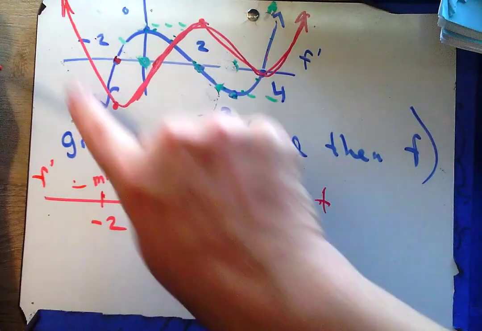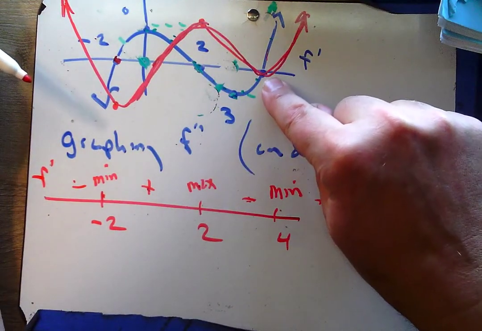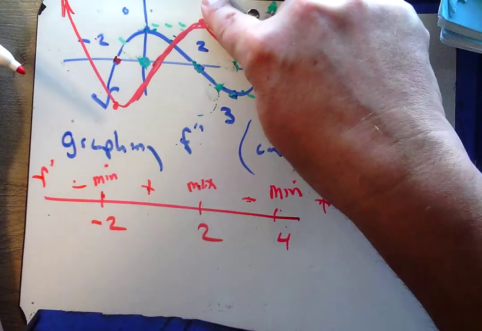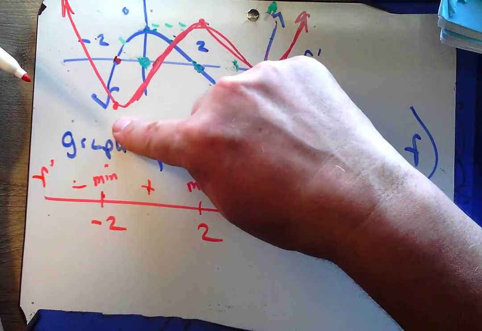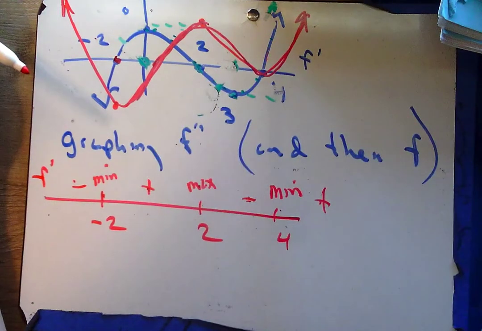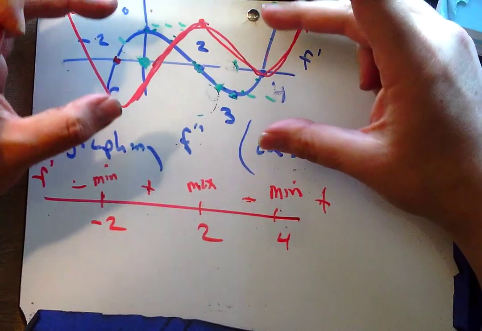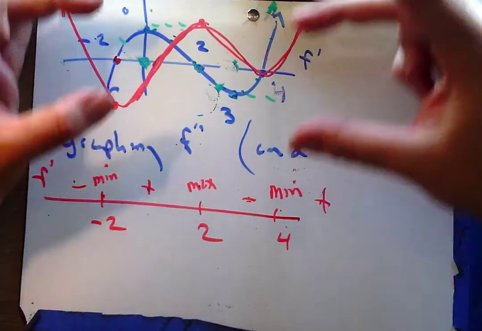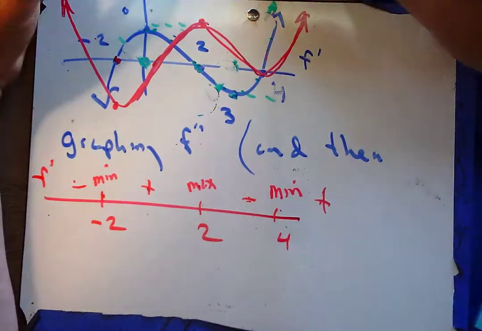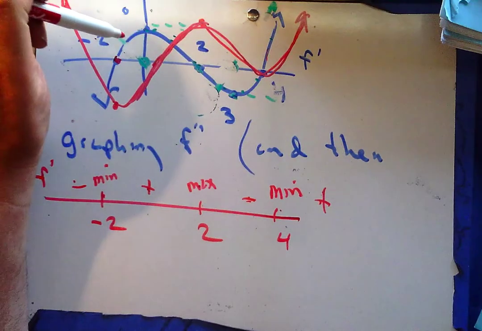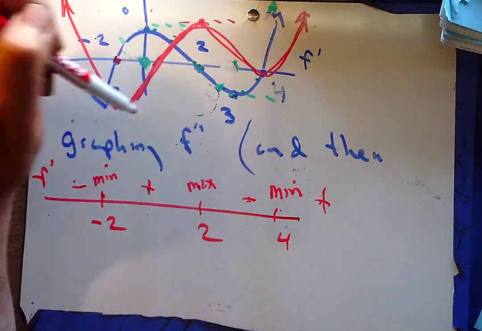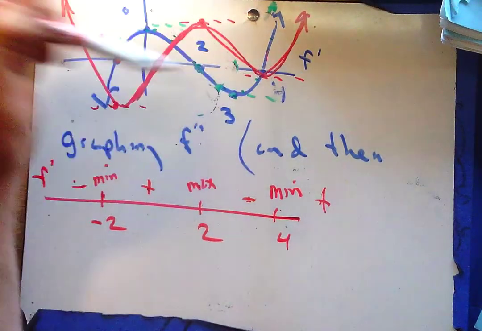Now, see how I've drawn this red graph so that it's bouncing here at 4 and above the x-axis and below the x-axis? Yet without more information, that's all completely arbitrary. I could shift this red graph down, I could shift this red graph up. Wouldn't matter where I put the red graph, I just need to be lined up with these zero slopes.